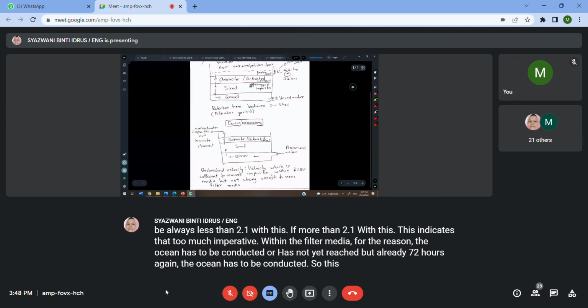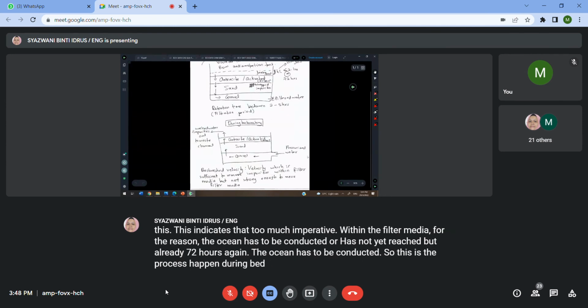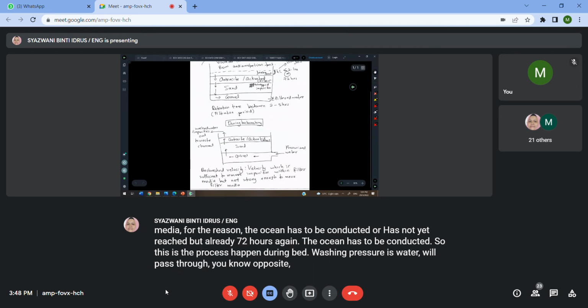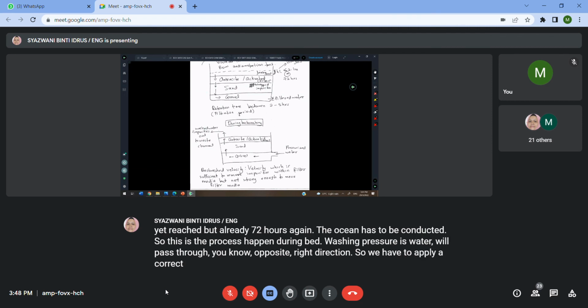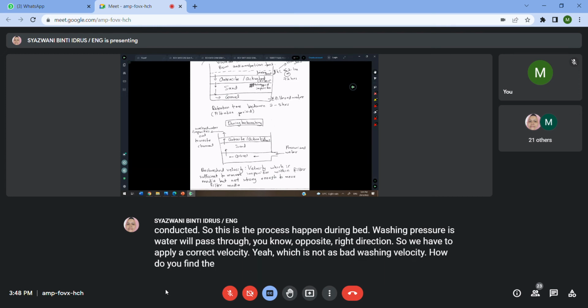This is the process that happens during backwashing. Pressurized water will pass through in the opposite direction. We have to apply a correct velocity, which is known as the backwashing velocity. How to define the backwashing velocity?